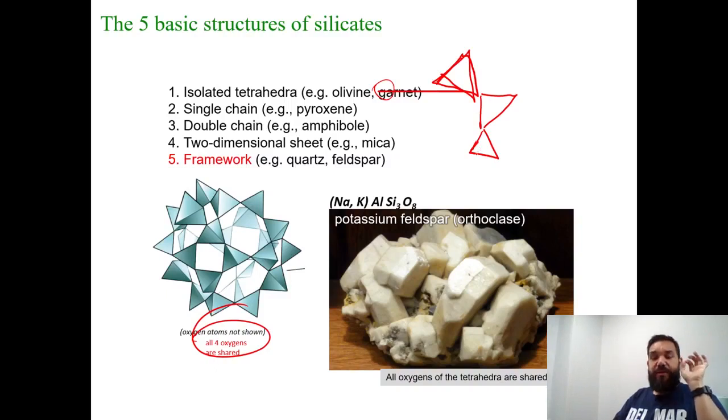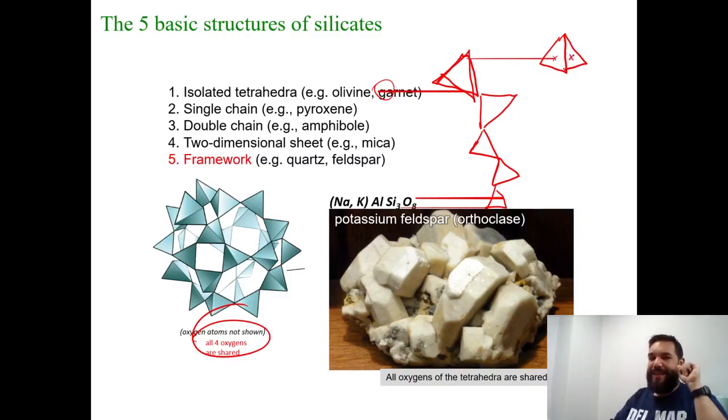Silicate tetrahedra can only attach to each other and connect on corners, on the points. So they only do that, right? Not sides. So you never see this ever. There's one tetrahedron, there's another tetrahedron. You see how this tetrahedron is sharing 2 oxygens with this one?